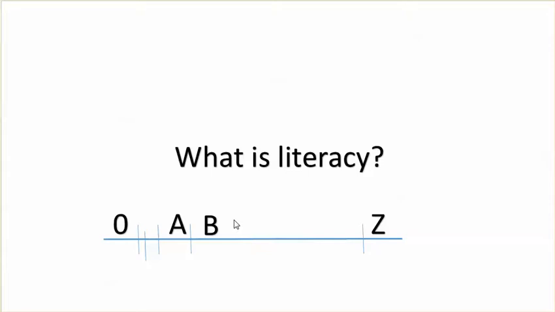The concept of literacy that you describe will have to have some criteria that allow you to generate some sort of gradation between 0 and Z. You will need terms for distinguishing between 0 and Z, or A, B, and Z. So what did we do?